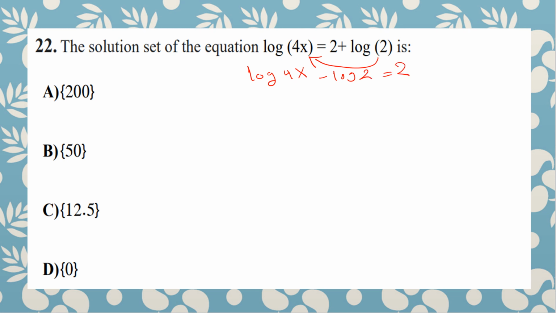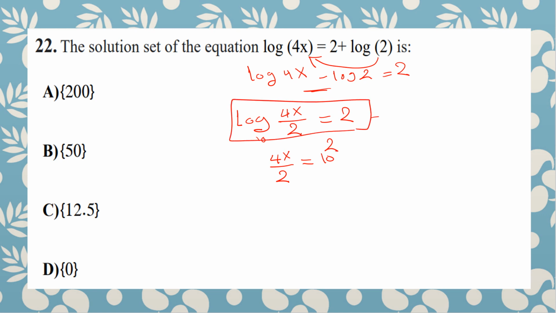And if we have a negative sign between two logarithms, this means log of 4x over 2 equals 2. And the base here equals 10, so we can rewrite this logarithmic equation as 4x over 2 equals 10 to the power 2.